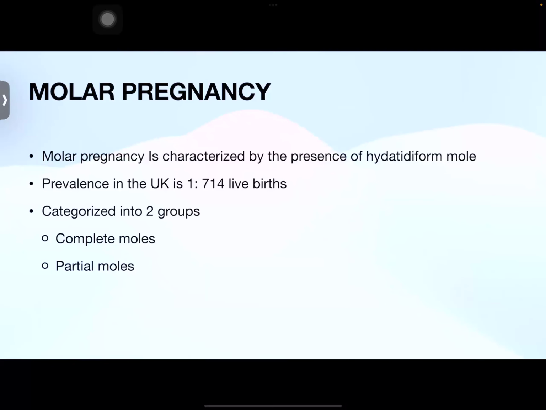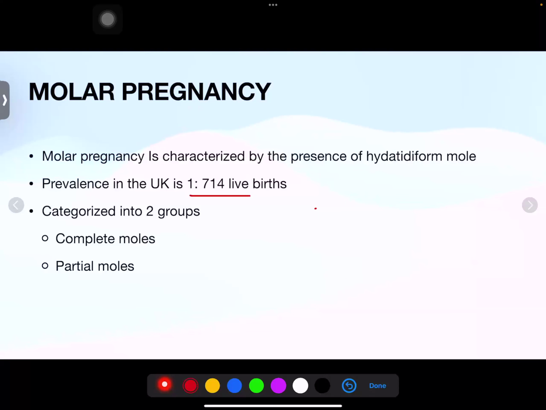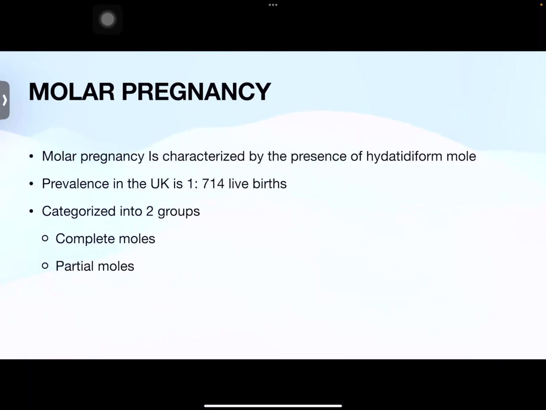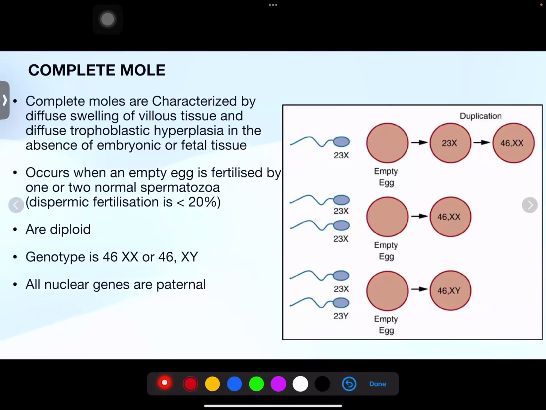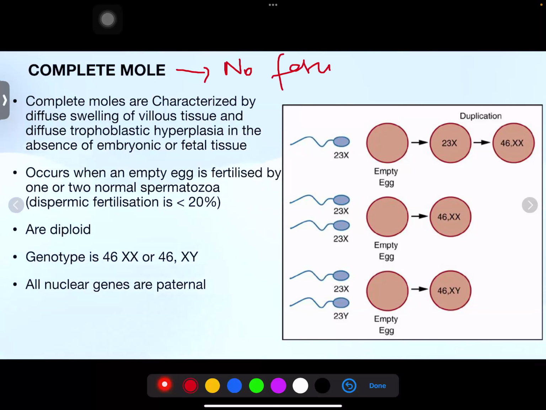And then I think the last slide would be molar pregnancy. Molar pregnancy is characterized by the presence of a hydatidiform mole, and its prevalence in the UK is 1 in 700 births. It has two types, complete mole and partial mole. Complete mole means there is no fetus, no fetal tissue.